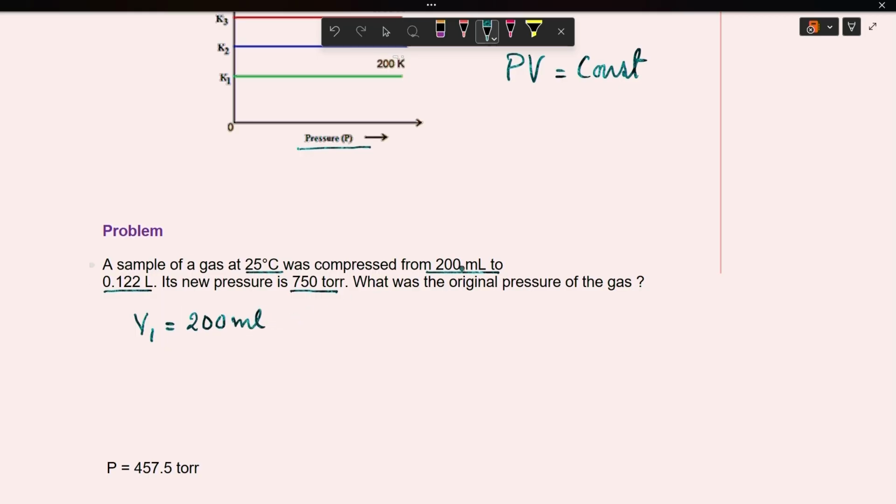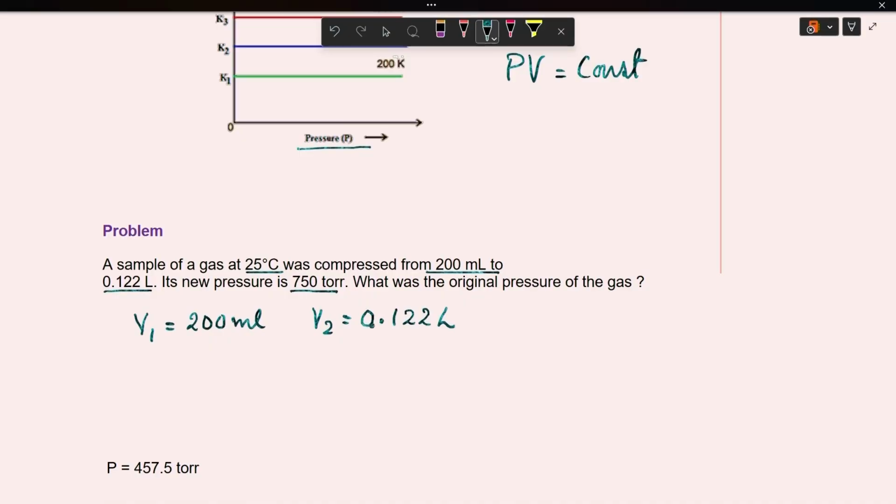It is compressed from 200 ml to, see, just note the units, in this it is ml, in the other case it is in liters. You can either convert the liters into ml or you can convert the ml into liters. You should keep both the volumes in the same unit.